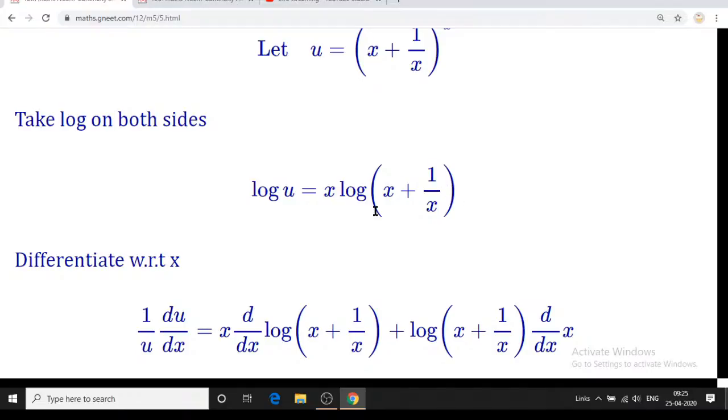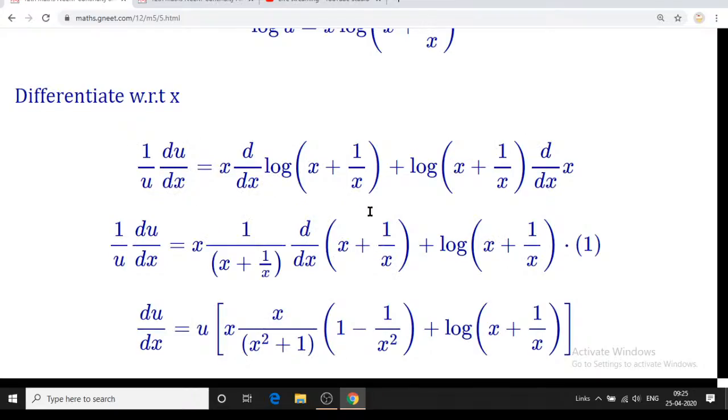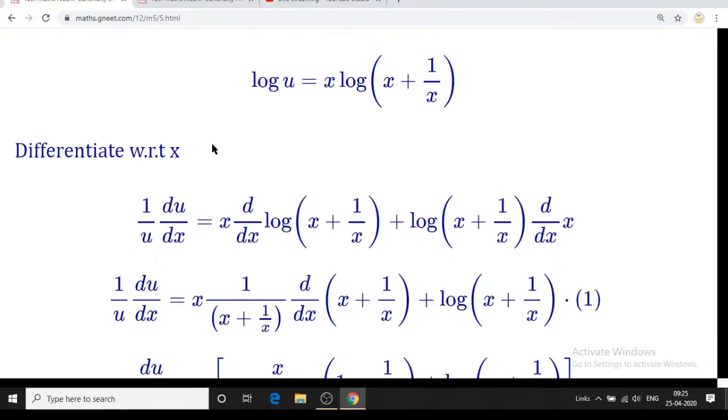Now we will differentiate with respect to x. What we get is 1 upon u du by dx. Derivative of log of u is 1 upon u du by dx, is equal to, now here x is one term, log of x plus 1 by x is another term. So we have to use the product rule: first derivative of the second plus second derivative of the first.